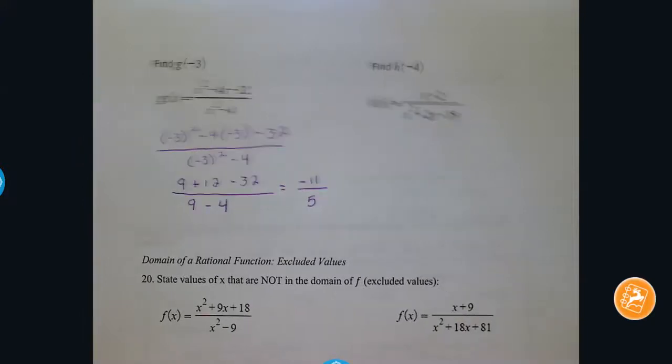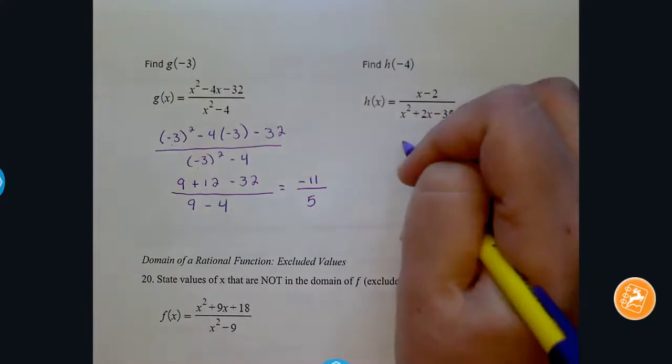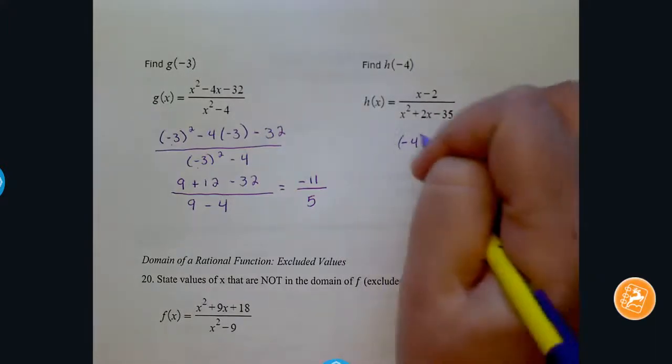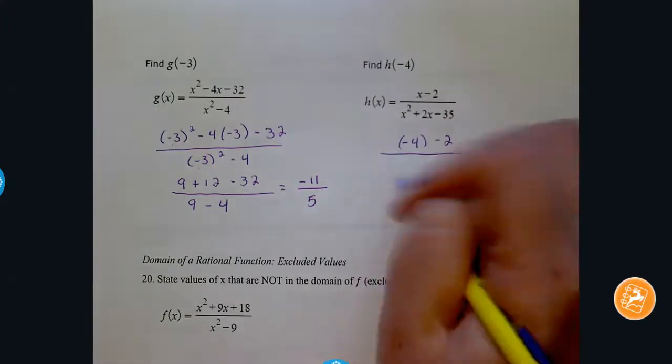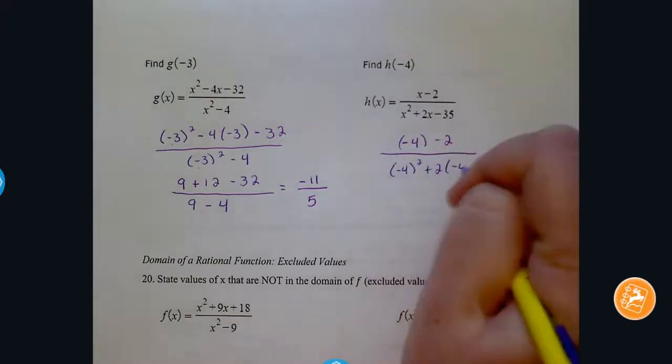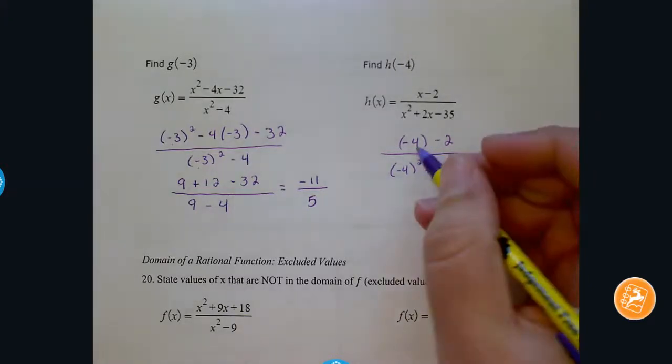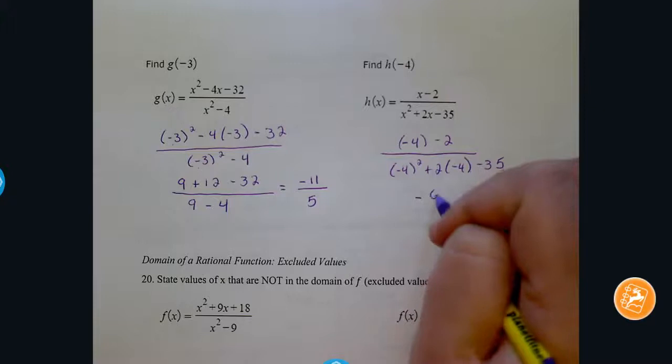Last problem, h of x. We want to find h of negative 4. So we have negative 4 minus 2 over negative 4 squared plus 2 times negative 4 minus 35. So negative 4 minus 2 is negative 6.